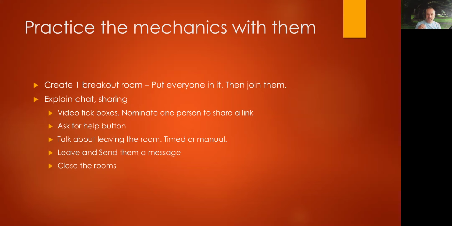So if you're going to let them come back, they have an option that says leave. It says leave and return to main meeting. If you don't give them that option, then you have to say, look, wait until everyone is finished. I will close the breakout rooms and you'll all come back. You don't need to do anything. So that's your two choices.